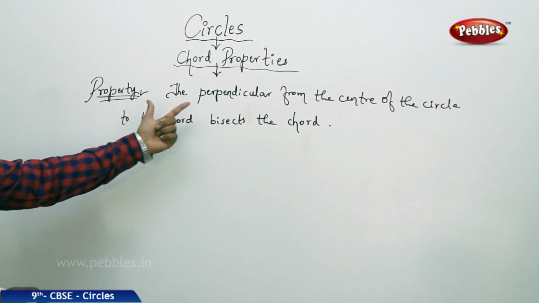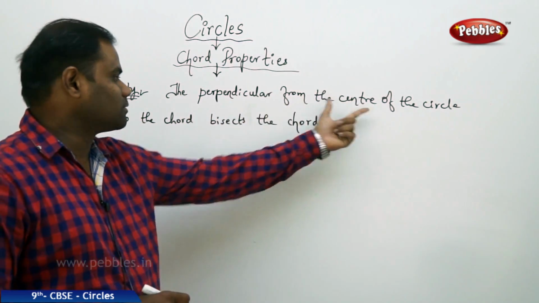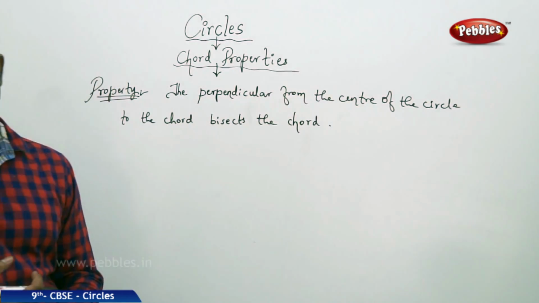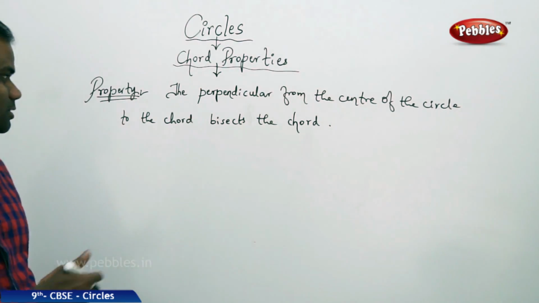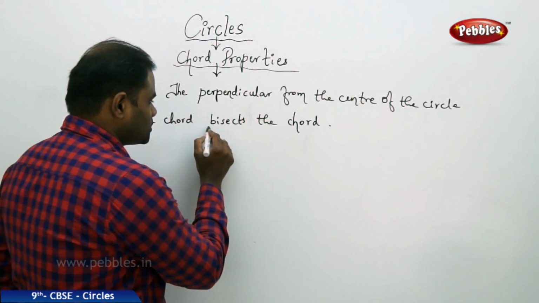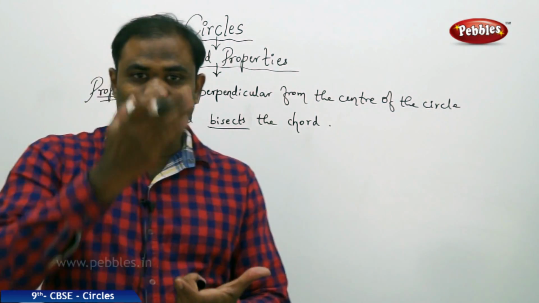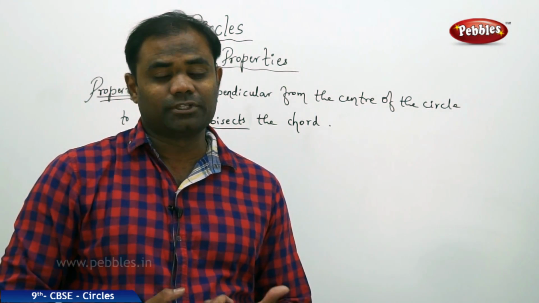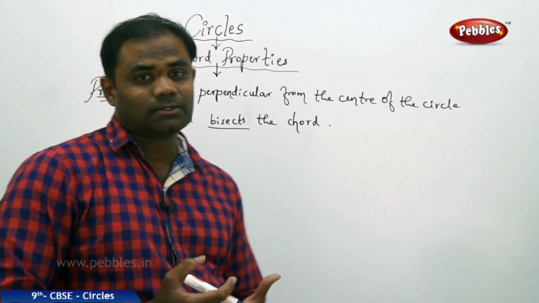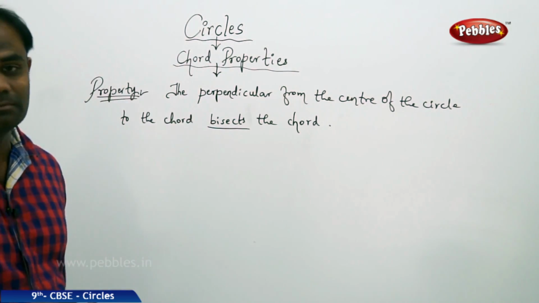Here is property number 2. The property says the perpendicular from the center of the circle up to the chord bisects the chord. So this is one interesting property identified in investigating a chord through its perpendicular distance passing through the circle. So let's see how it bisects the chord.